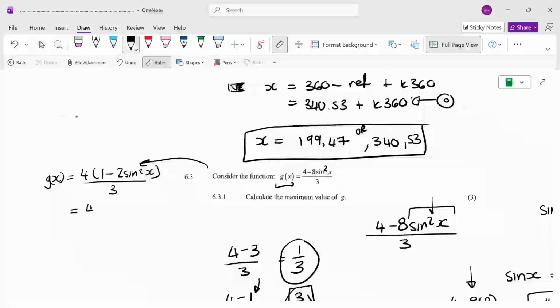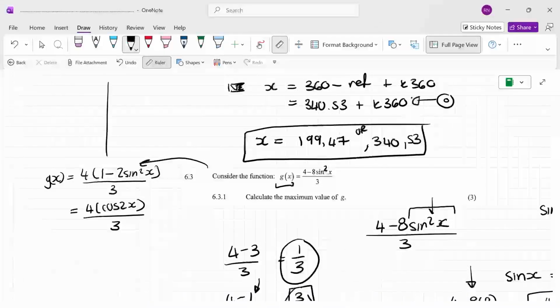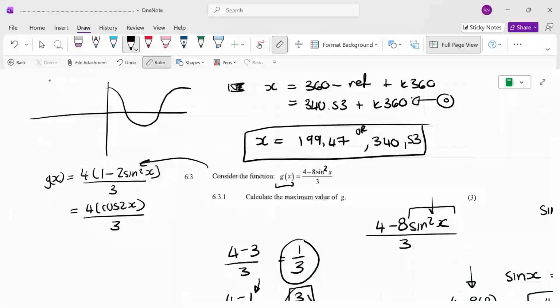So this is equal to 4 cos 2x over 3, right? Now, the lowest cos 2x can be is 1. If you draw a cos function, a normal cos function looks like that, right?